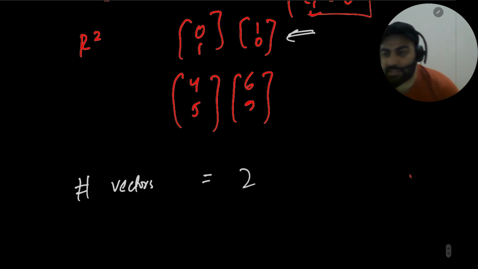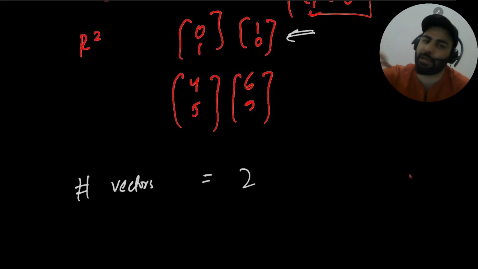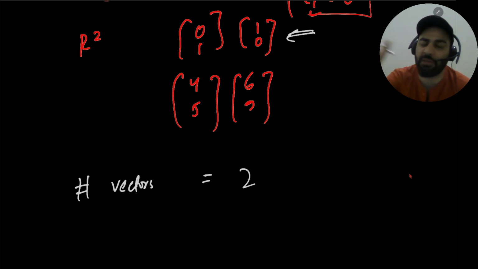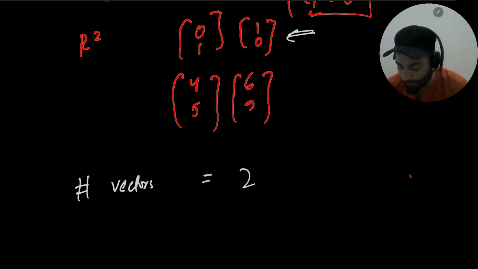For any vector space, there can be infinitely many bases, infinitely many combinations of vectors which can be candidates for the basis. The one property common in all of these bases is that the number of vectors in each of the bases is the same. So in this R2 we have 2. This is what we call the dimension.